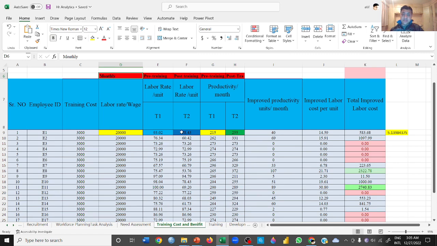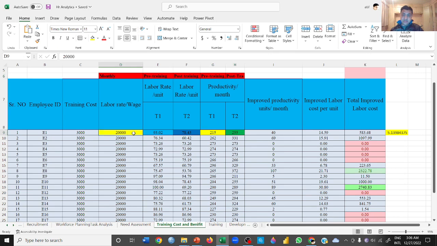Now, the other important data point is this one: the productivity of a person per month. The person is taking a 20,000 salary and is producing 215 units before the training. T1 is time one, which is pre-training, and post-training is T2. So let's not confuse ourselves.